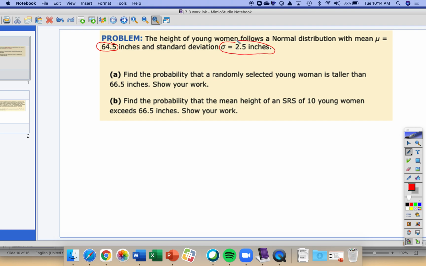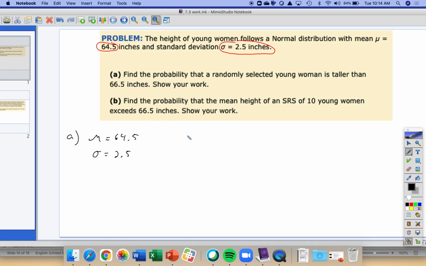So in part A, it says find the probability that a randomly selected young woman is taller than 66.5 inches. Okay, so here in part A, I'm selecting just one young woman. This part A is a question that you would see back in chapter 2, right? Where we have the mean and the standard deviation of our population.